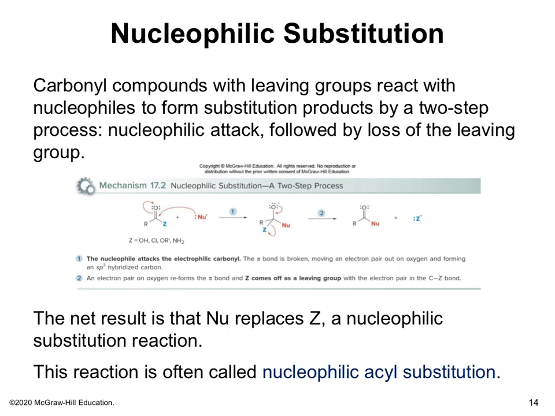So here's the example of this mechanism, and this is acyl nucleophilic substitution, and this is when we have a leaving group. You get this with the carboxylic acid derivatives. So we won't be really looking at those.